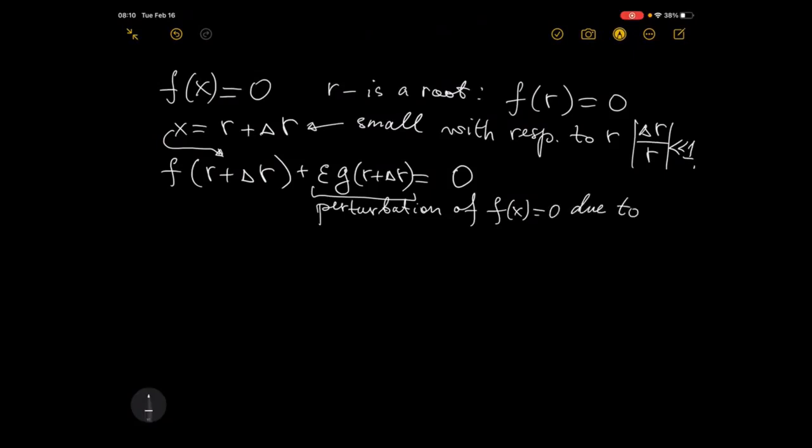Due to finite precision. Okay, so for example, what we had in the case of the Wilkinson polynomial. We started with our equation after we multiplied all the brackets with all these crazy terms, and then we found some root.